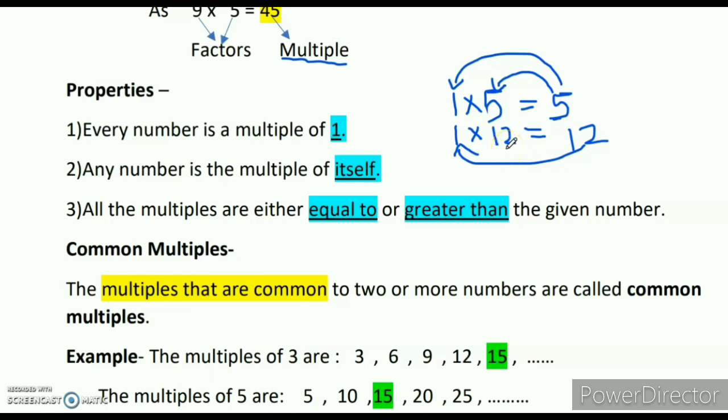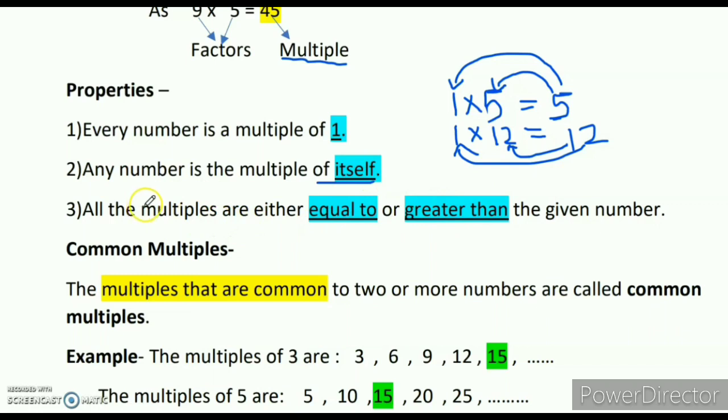Similarly, 12 multiplied by 1 or 1 multiplied by 12 is itself 12, so 12 is also a multiple of 12. From these examples, we can conclude that any number is a multiple of itself. 1 multiplied by any number is itself, yes or no?